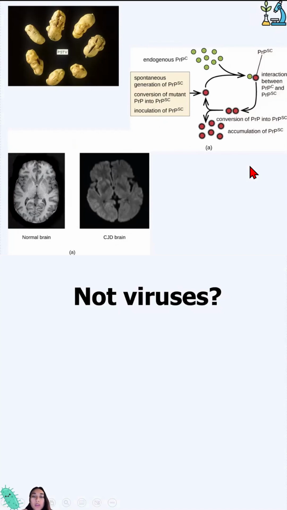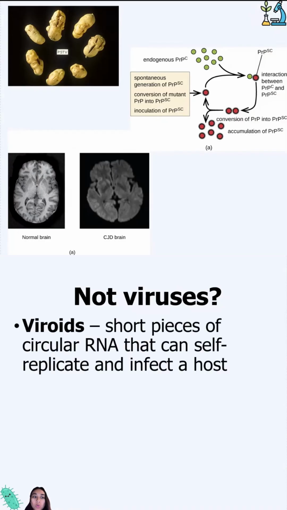Now, the last thing I want to talk about in this video are the pathogenic molecules that are not viruses, but are still very interesting. So the first one are the viroids. Viroids are pieces of RNA that are circular, and they infect the host and replicate. Notice that it's just RNA. They don't have a capsid, they don't have spike proteins, they just somehow get into their host and infect.